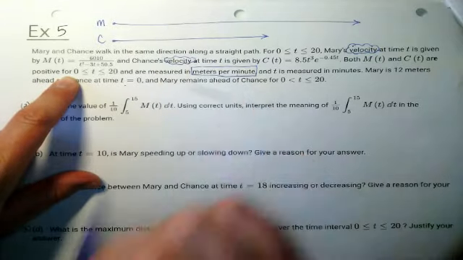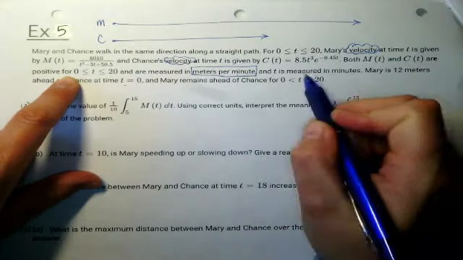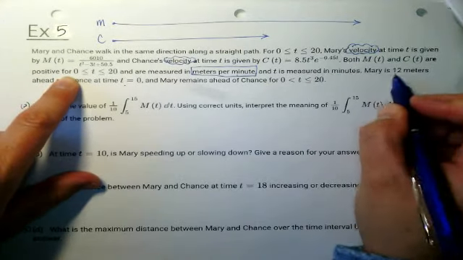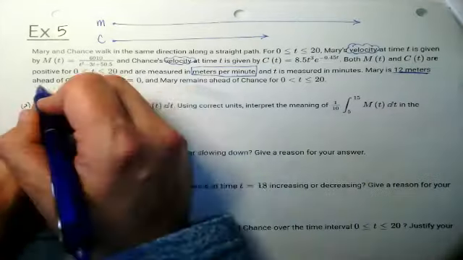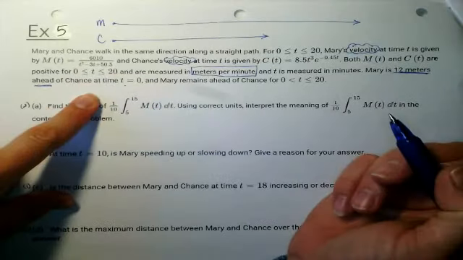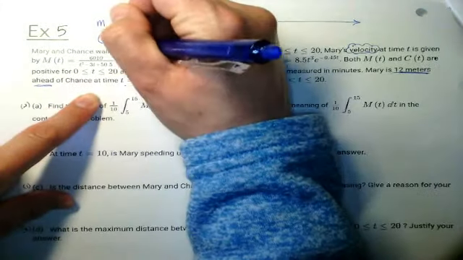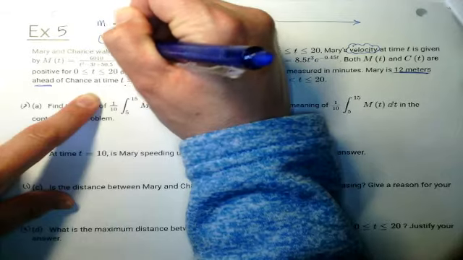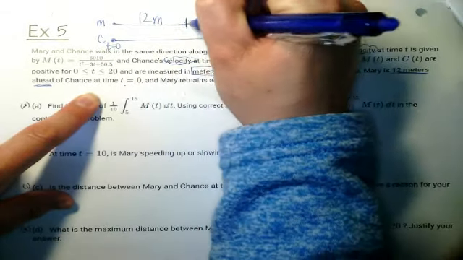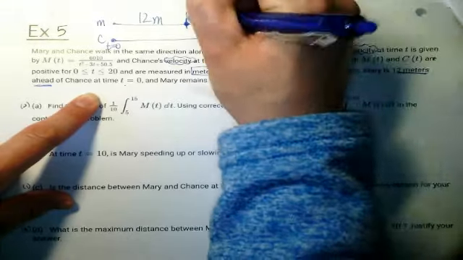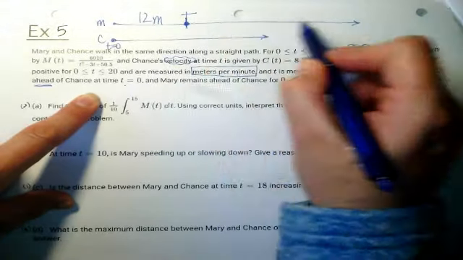Positive to the right, that makes sense? Okay. And t is measured in minutes. Mary is 12 meters ahead of Chance at time t equals 0. So when Chance starts here at t equals 0, Mary's already 12 meters ahead of him. All right. And then she starts moving.